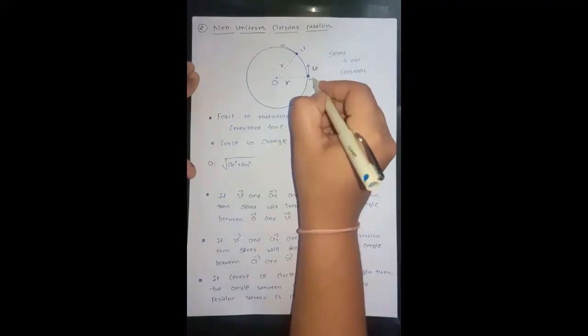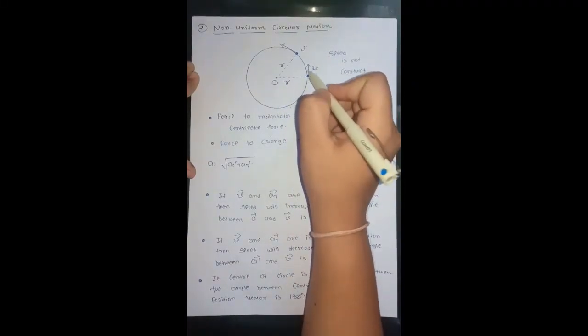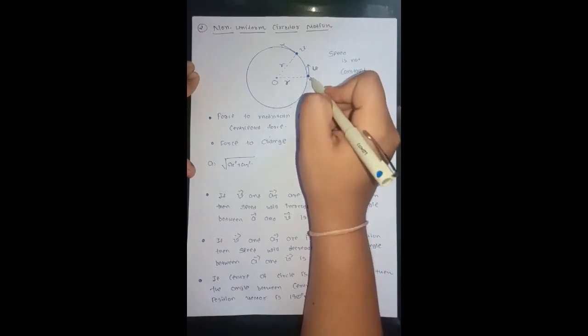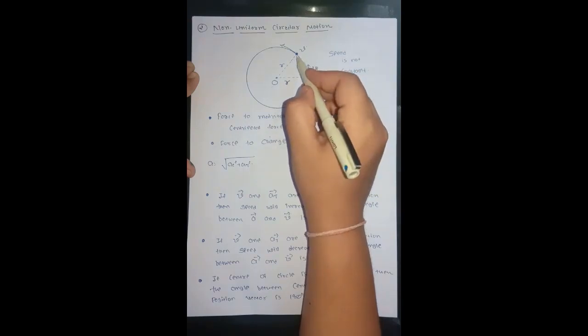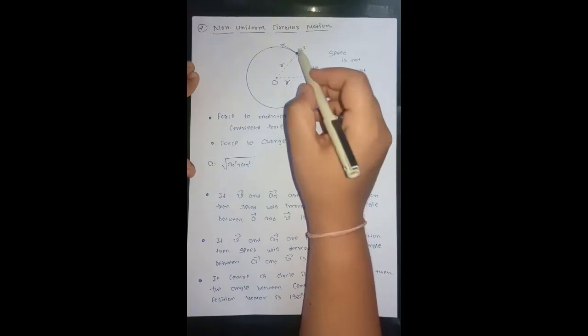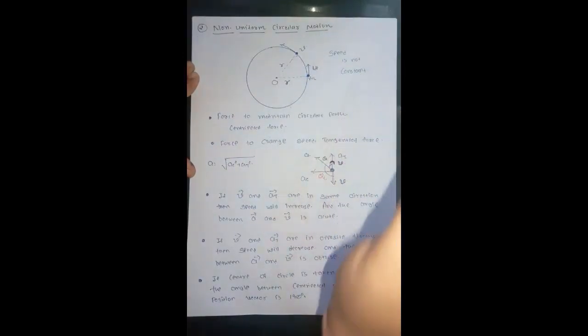Let's say an object of mass m is moving on a circular path of radius r. At this point, the speed of object is u, and at this point the speed of object is v. That means the speed of object is changing, so it is non-uniform circular motion.